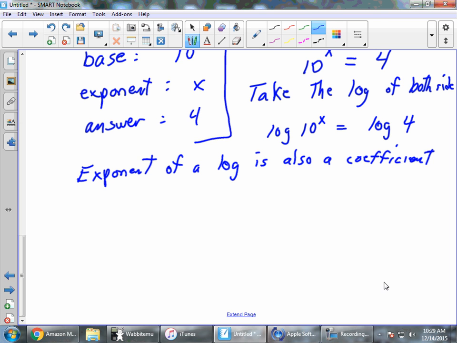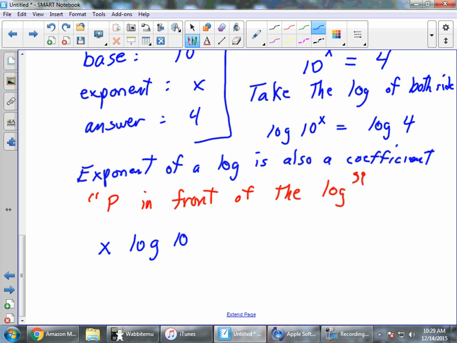Now, translated, that means, as Mr. Abinati would say, P in front of the log. He loves to say that and giggle. Yes. So we can say x times log of 10 equals the log of 4.